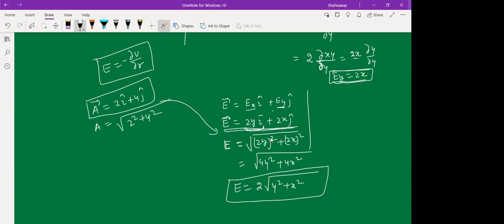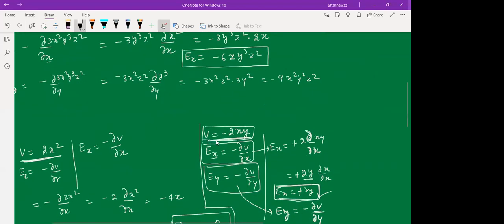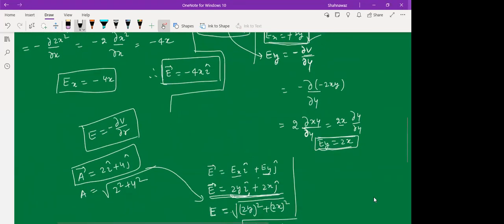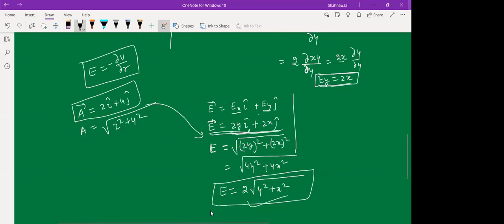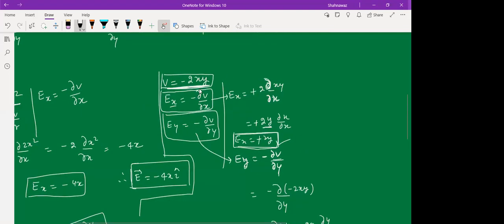So for the potential of this kind, this is my electric field. Is this clear? Yes, sir, clear. So please note down this part, and whenever the rest of the people come, then we will do the question that we were doing. And if you have any doubt, please ask.